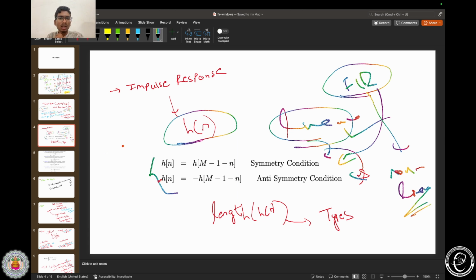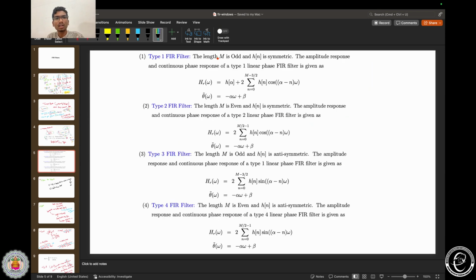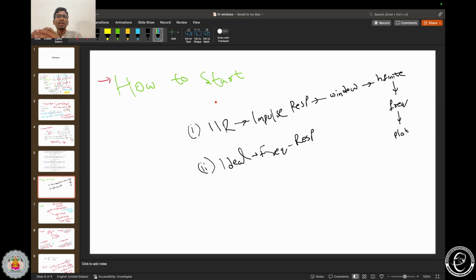Now, based on the length and symmetric or antisymmetric conditions, we have types of FIR. If the length is odd and h is symmetric, it's type 1. If length is even and h is symmetric, it's type 2. Similarly, if it is odd and antisymmetric, or even and antisymmetric, we have type 3 and type 4.